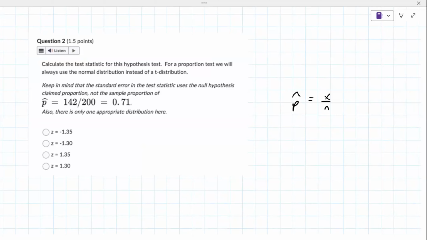And so then they want you to find the test statistic, the z. So there are again formulas for all of this. If you don't have that formula sheet, you'll want to look at it at some point. I'm going to grab it now.